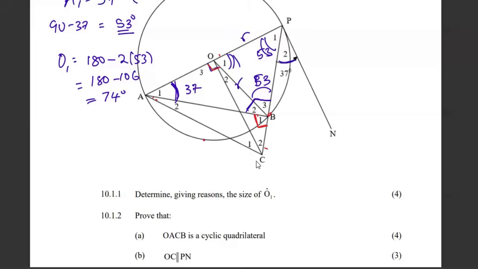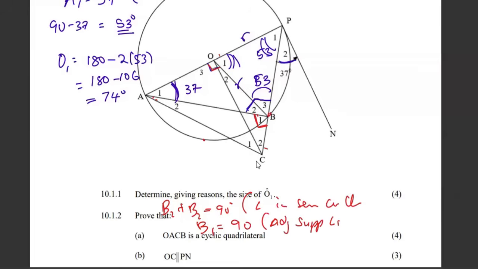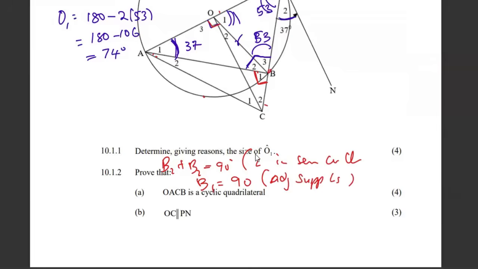So we said B2 plus B3 is a 90 because of the angle in a semicircle. And then B1 is automatically going to be a 90 because of adjacent supplementary angles. Okay. And since B1 is the same as O3, therefore OACB is a cyclic quad.